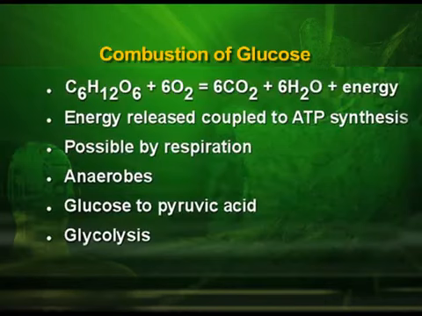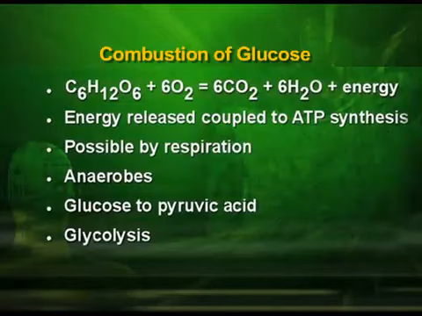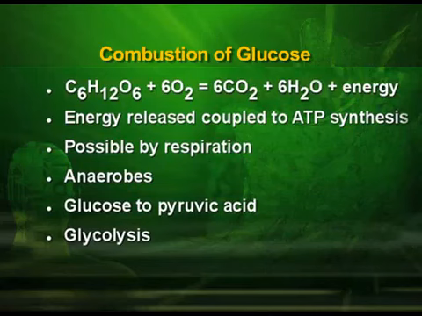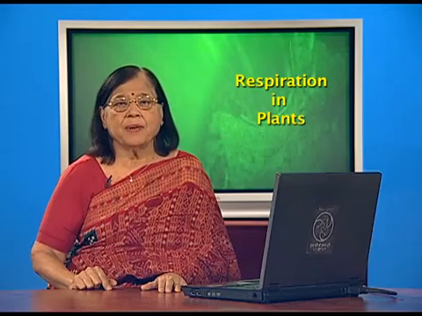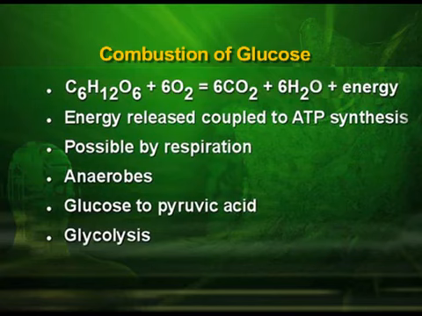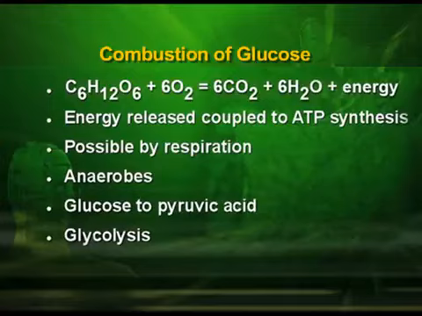Coming to the combustion of glucose, the main reaction which is taking place in the process of respiration is the breaking down of carbohydrates. You can see the equation: C6H12O6, that is carbohydrate, will burn in the presence of 6O2, giving rise to 6CO2 plus 6H2O plus energy.